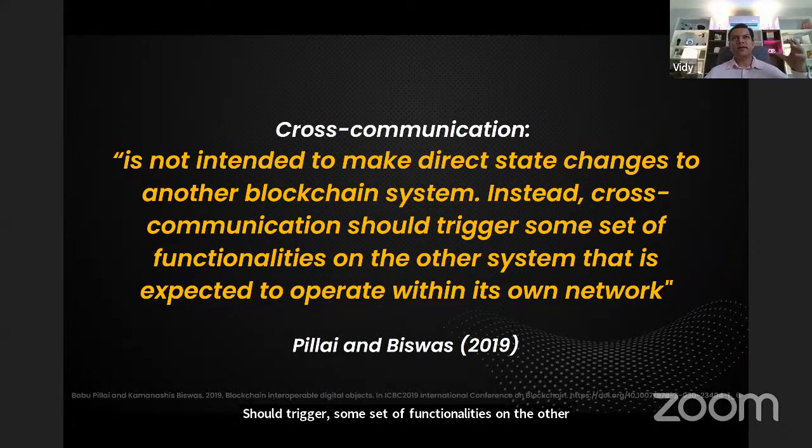Imagine this is blockchain A and this is blockchain B. Blockchain A wants to trigger a functionality on blockchain B. You may wonder what the functionality is, and I will also show you in A2B how we have used this concept to compute the gas and the transaction fee for A2B transactions.